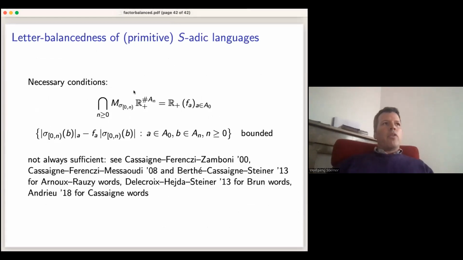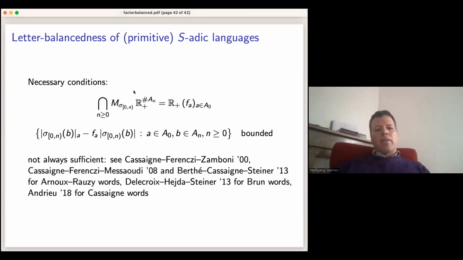So this talk was mostly about the relations between letter balancedness and factor balancedness. Let me just say some words about letter balancedness. We have seen at the beginning in Proposition 1 that we need a frequency vector. For acidic sequences, this means that the intersection of nested cones tends to align.